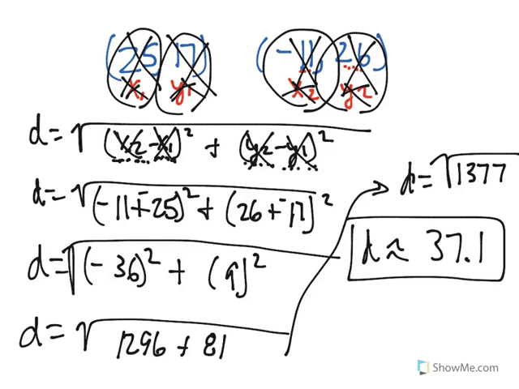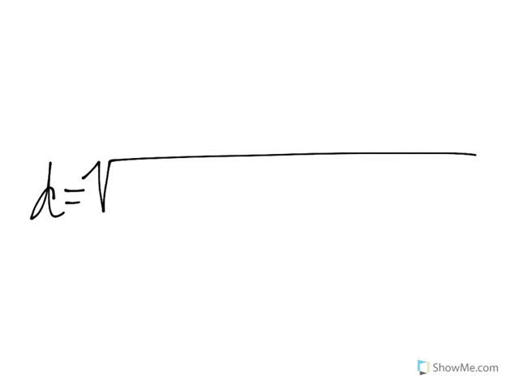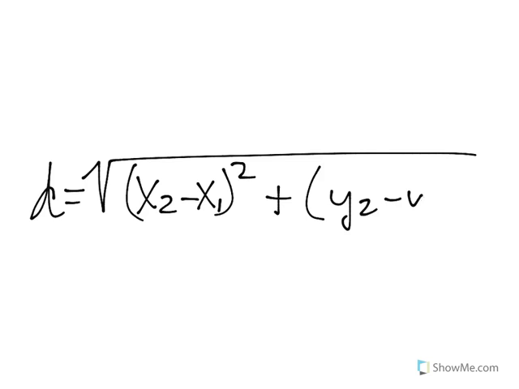So again, this is distance formula. How do I take two locations, which will be listed as ordered pairs, and how do I find the distance between them? If it's on graph paper, I can use Pythagorean theorem, but I can also use the distance formula. And again, the distance formula is D equals the square root of x2 minus x1, the quantity squared, plus y2 minus y1, the quantity squared.